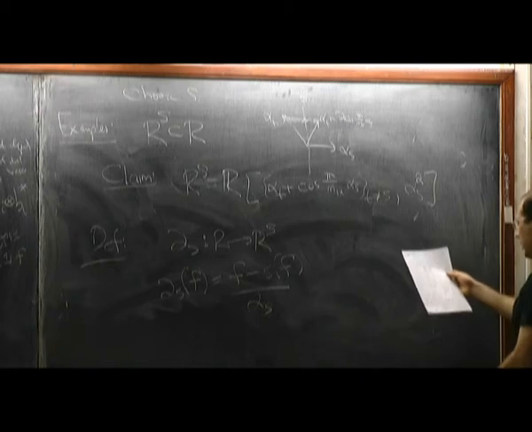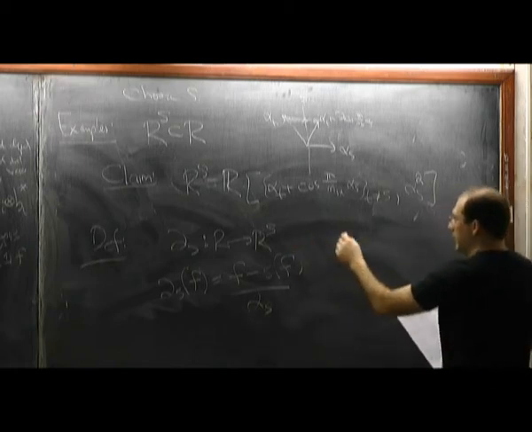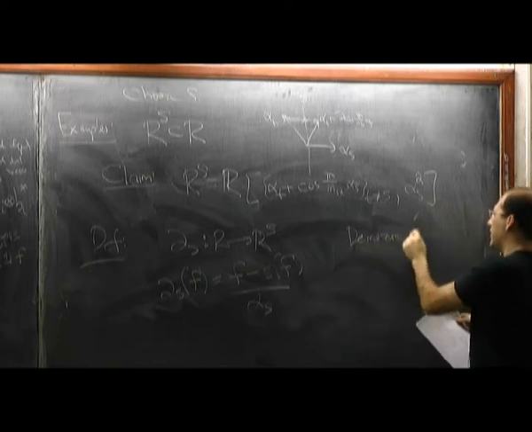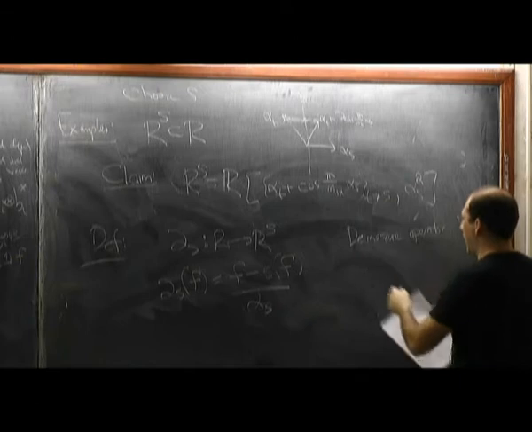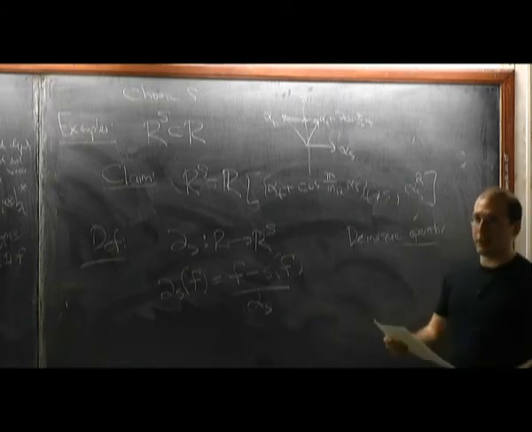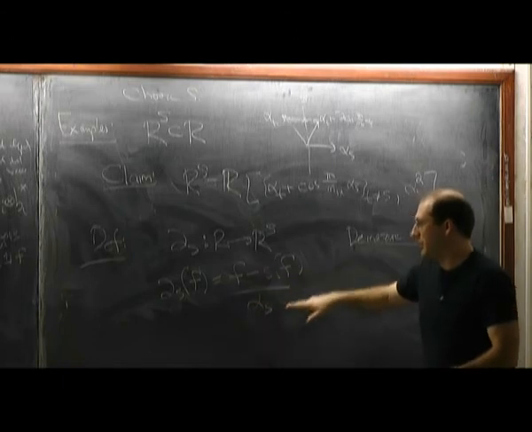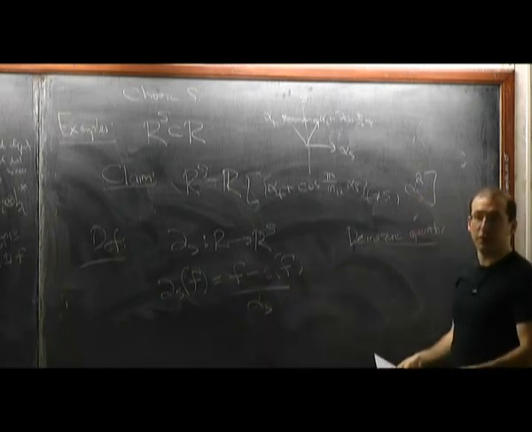This is a genuine polynomial. This operator is called the Demazure operator. And you can check that the degree of this operator is minus 2. We don't change the degree in the numerator, but then we divide by something of degree 2.